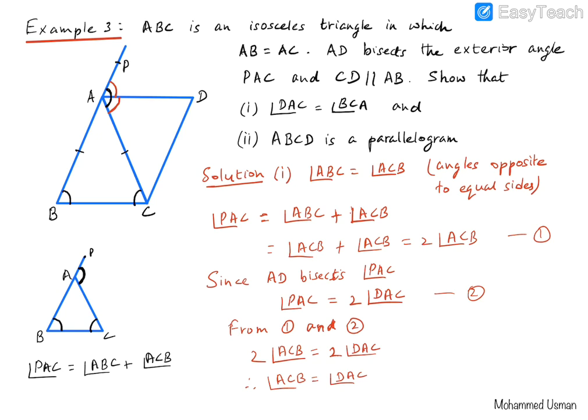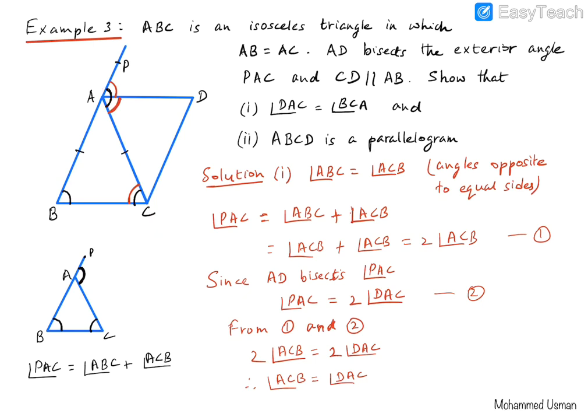What we see here is that this angle DAC and ACB are equal. I will mark that also with the red. So this angle here and this angle over here, these two angles are equal. These two angles also form alternate angles. If we consider AD and BC as parallel lines cut by the transversal AC, then angle DAC and angle ACB are alternate angles, and alternate angles are equal only when the lines BC and AD are parallel to each other.